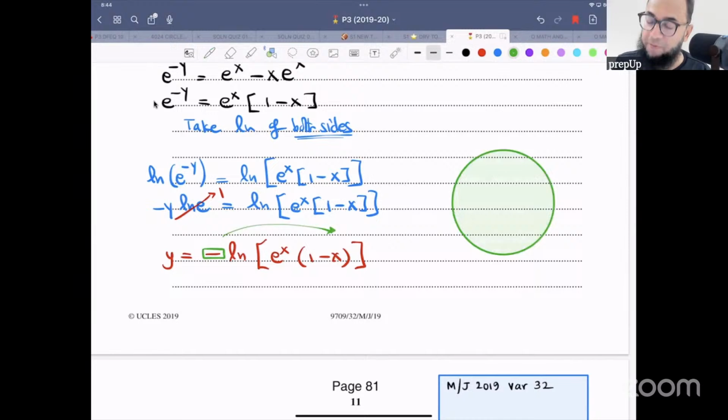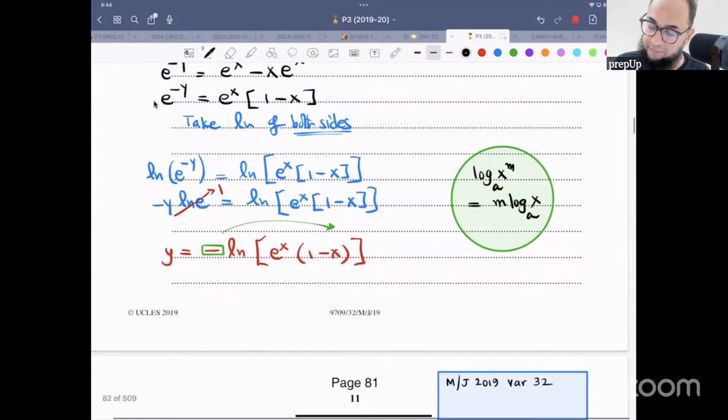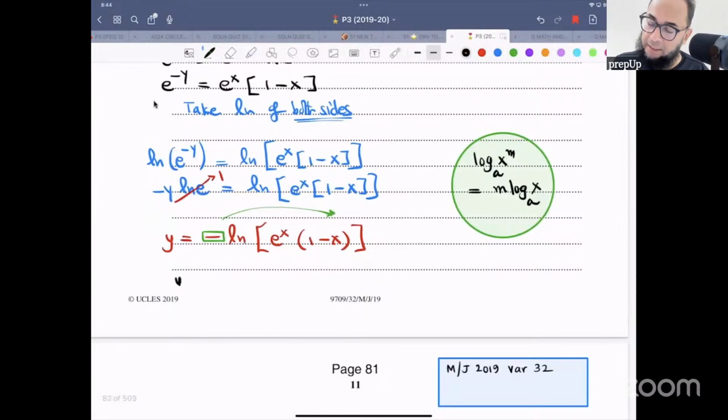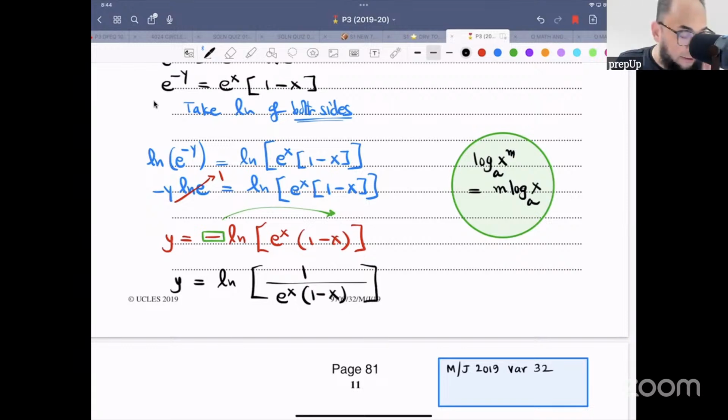Which rule am I applying? Log of x^m to base a can be written as m log x to base a. So basically I have raised it to a power, therefore y equals ln of 1 over e^x (1 minus x), bracket closed. So that is the subject of the equation.